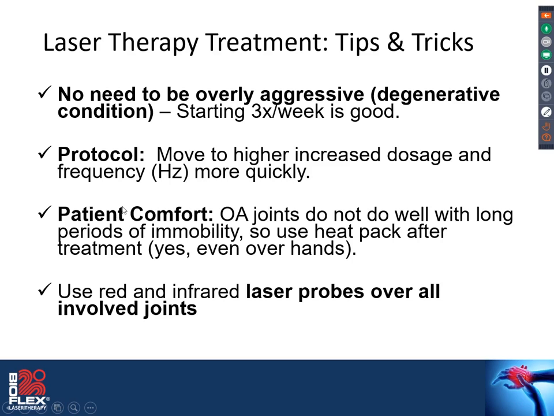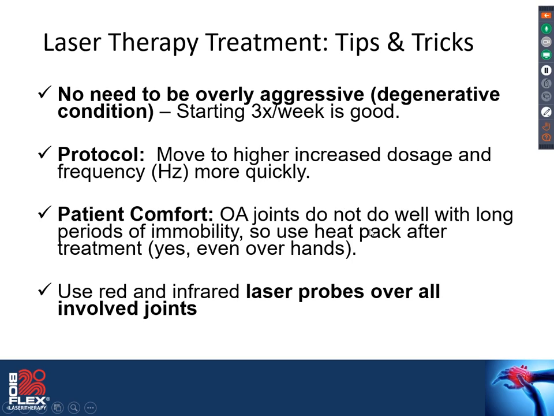A few treatment tips. You don't need to be overly aggressive with osteoarthritis. Again, it's a degenerative chronic condition. You don't need to treat 4 or 5 days in a row. You can start 2 or 3 times a week. Move to higher dosage and frequency a little bit more quickly if need be.